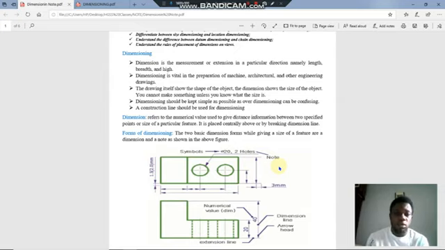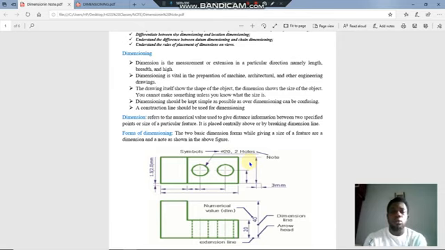A dimension deals with the numerical figures, while a note deals with something like, let's say you have an opening or a hole in a drawing, or something that cannot be described, or some specification that needs to be described in written words.